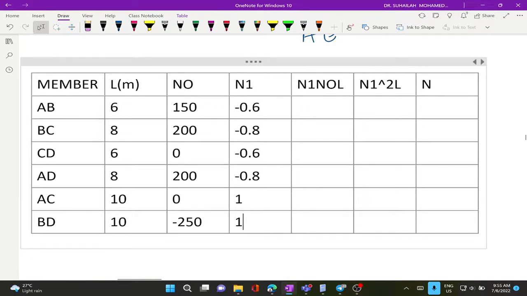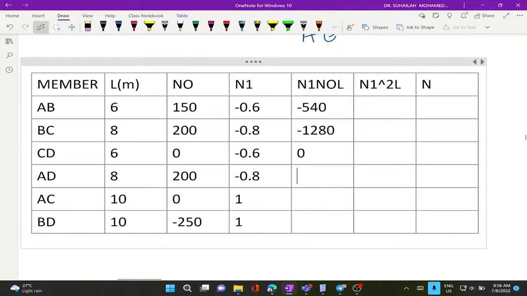N1 N naught L is equal to 6 times 150 times negative 0.6, which is negative 540. Then 8 times 200 times negative 0.8, negative 1280. CD is 0.